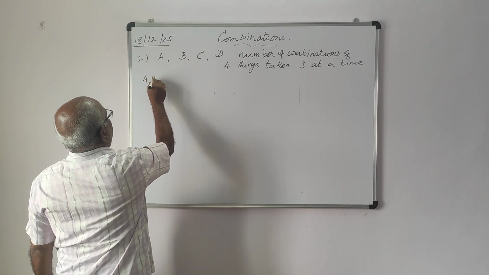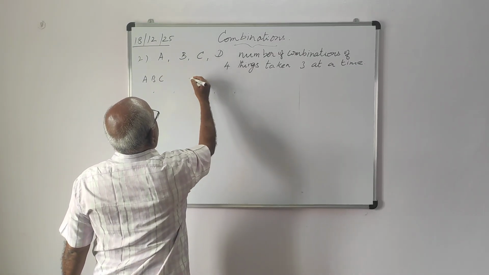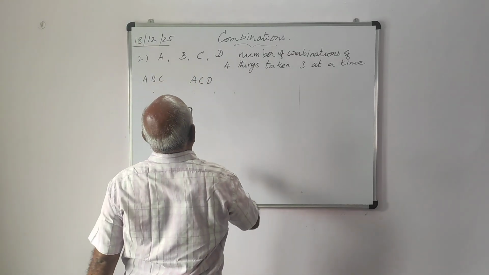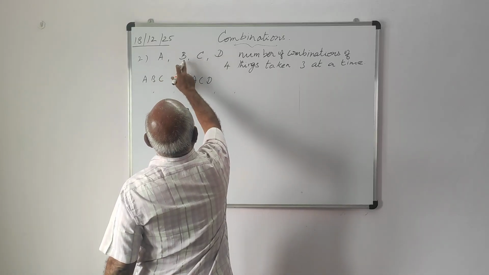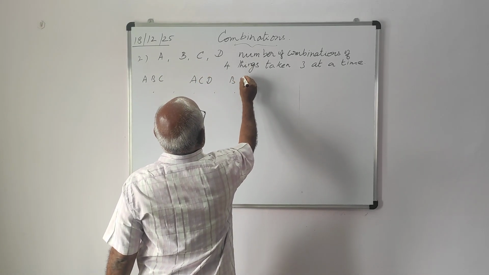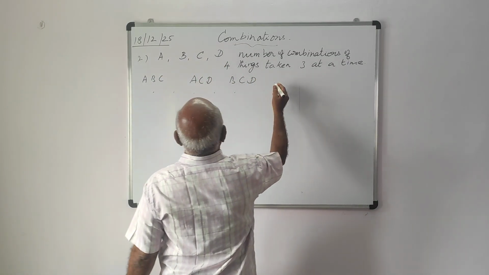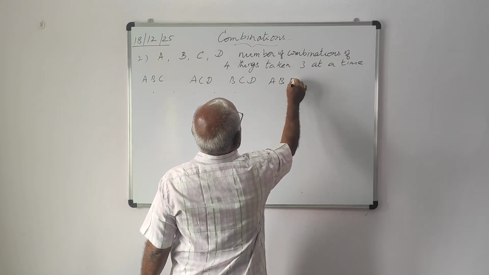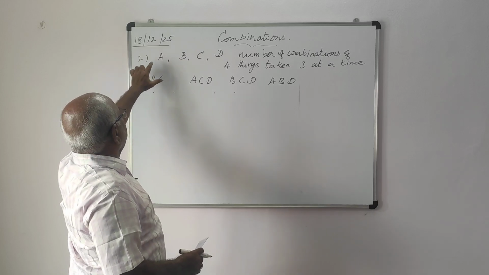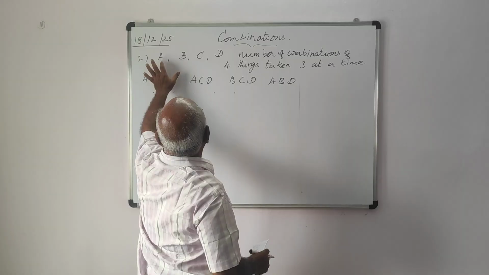These are ABC, ACD, BCD, and ABD. See, these are the four combinations only, the selections: ABC, ACD, BCD, and ABD.